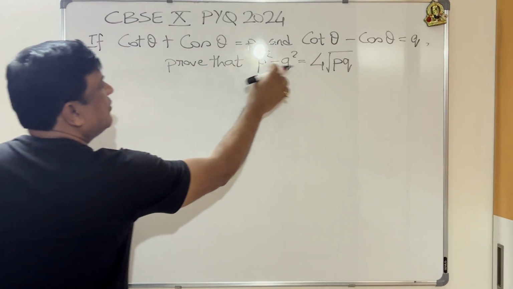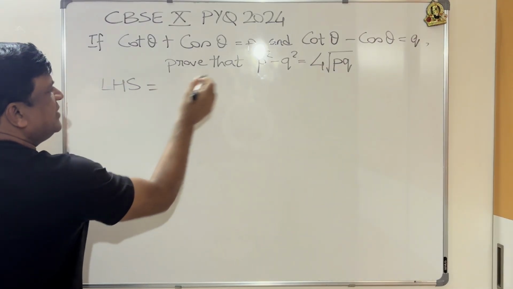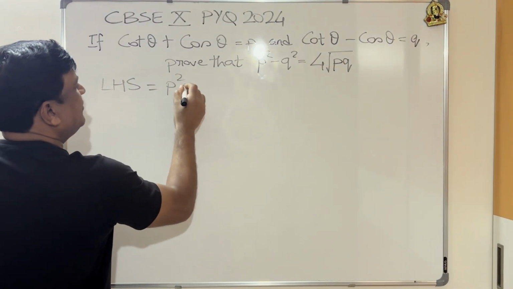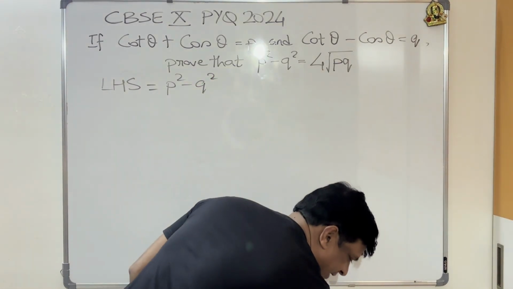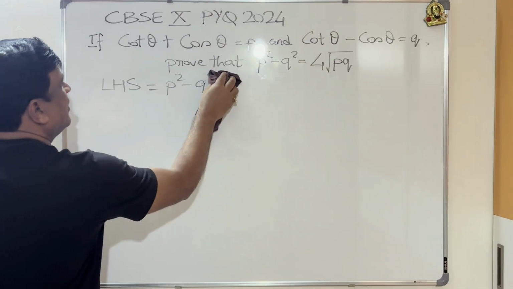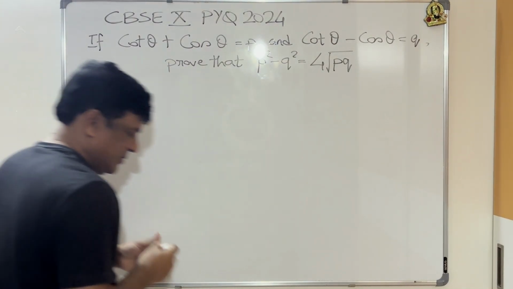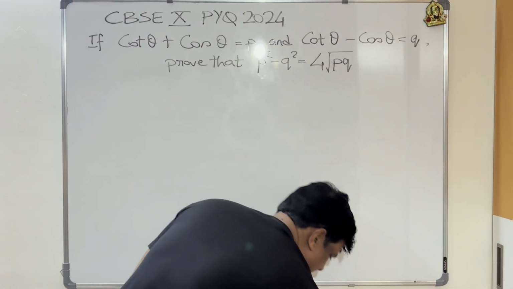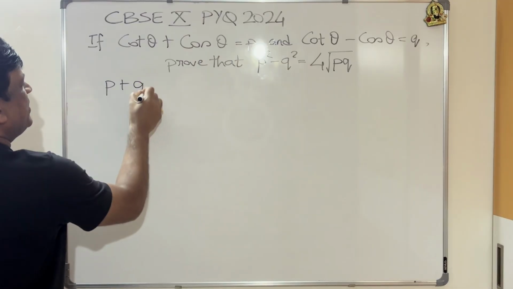Okay, so first let's take LHS. LHS is equal to P square minus Q square. Okay, even before I go there, let's do this. Let's find out P plus Q. What is P plus Q?